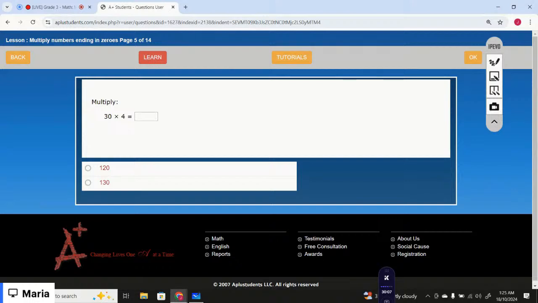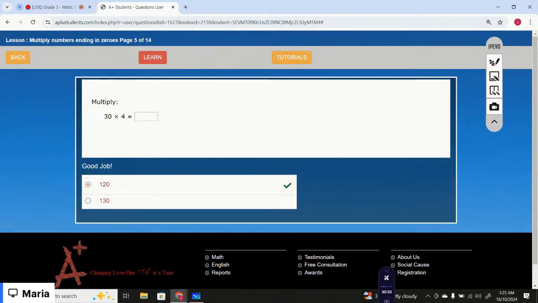Twelve hundred? It's 120. How 1200? 4 times 3 is 12. You need to add a zero. You have only one zero. So that makes it 120, not 1200.